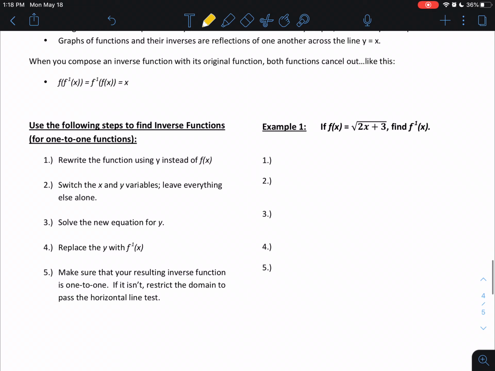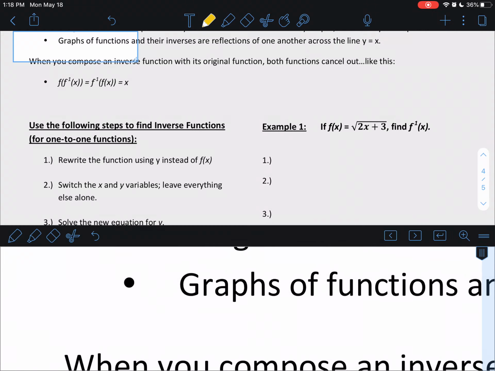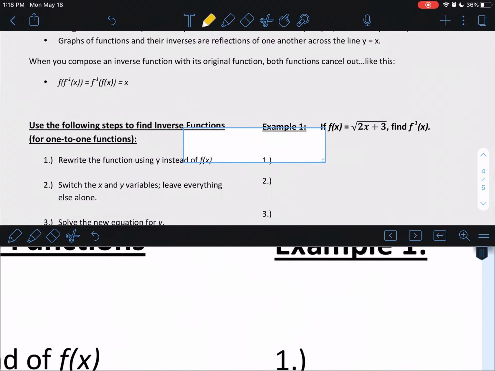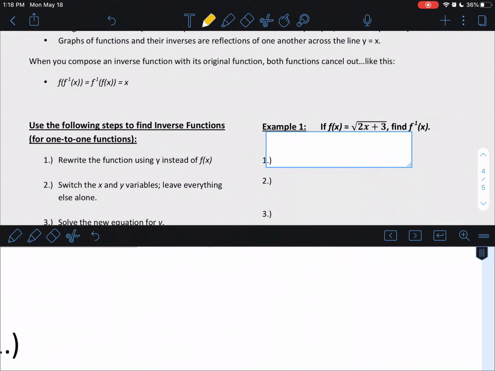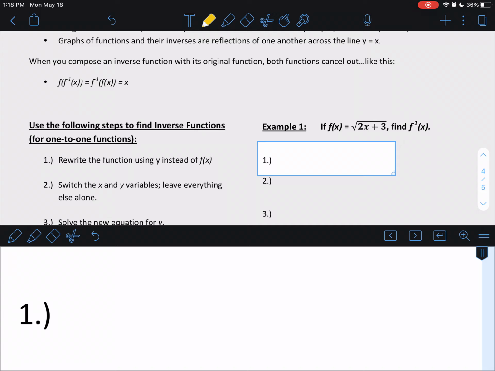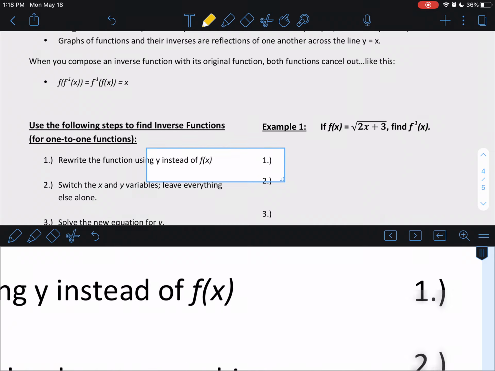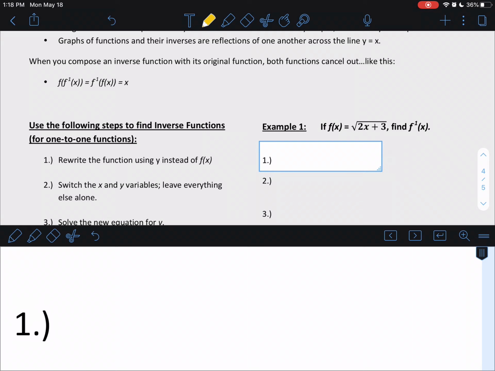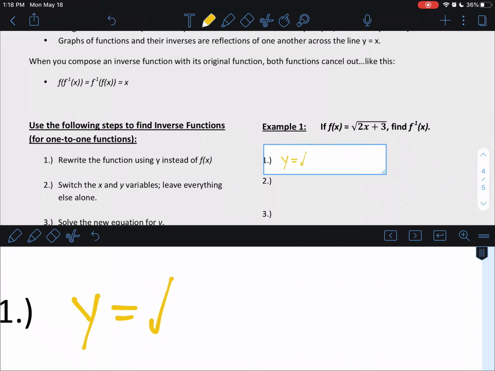So the first thing we got to do when we find these inverse functions, and I know that this one isn't exactly a rational function, this is a radical function, but we can still work with it. Okay, so the first step is rewrite the function using y instead of f of x. So we're going to say y equals the square root of 2x plus 3.